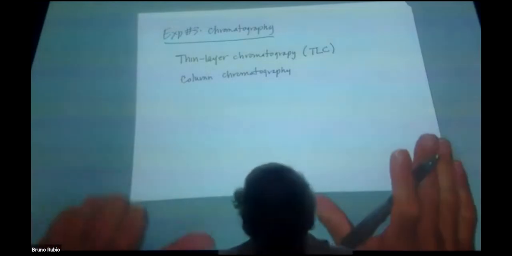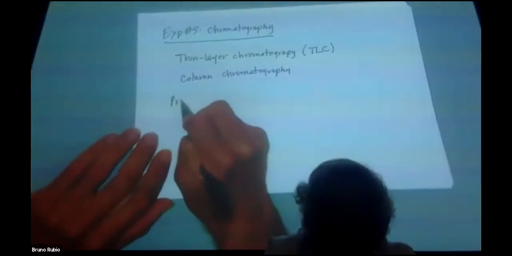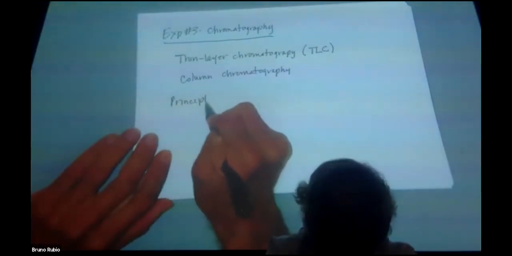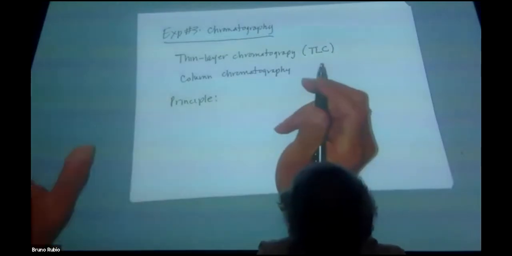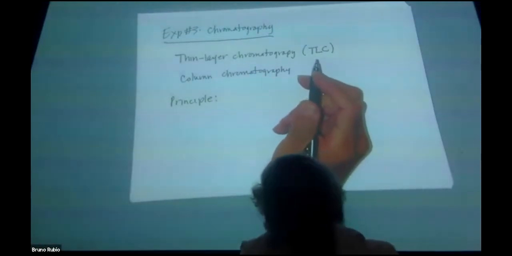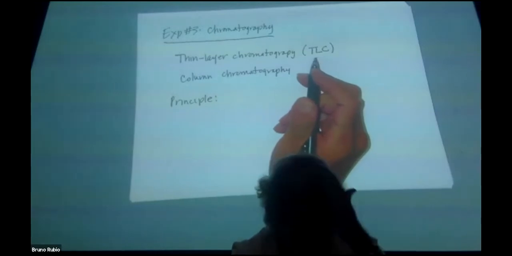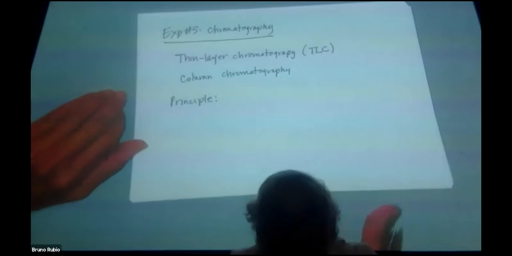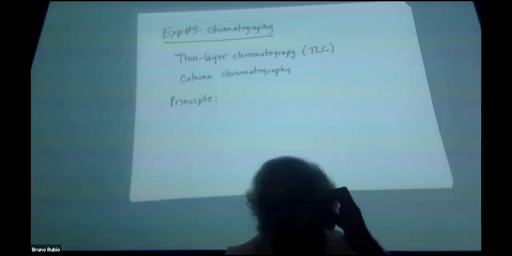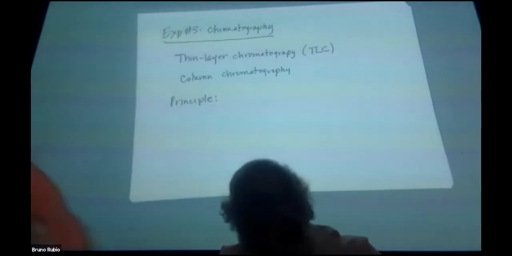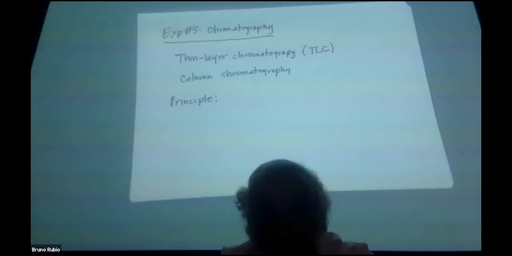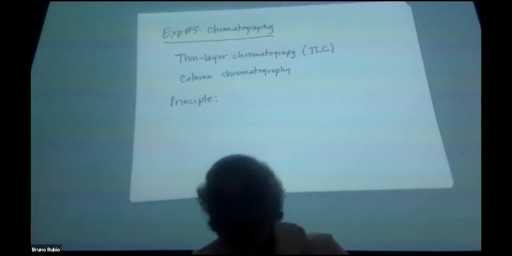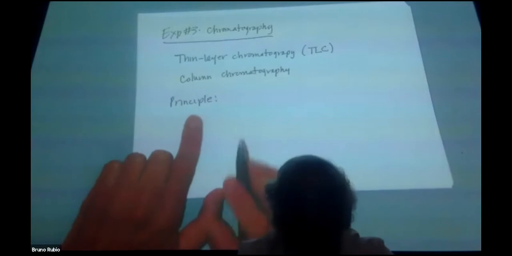And the principle that is involved here is that the substance that you're trying to purify, the substance that you're trying to separate, is partitioned between what is called the support or the stationary phase and the mobile phase, which is usually a solvent.